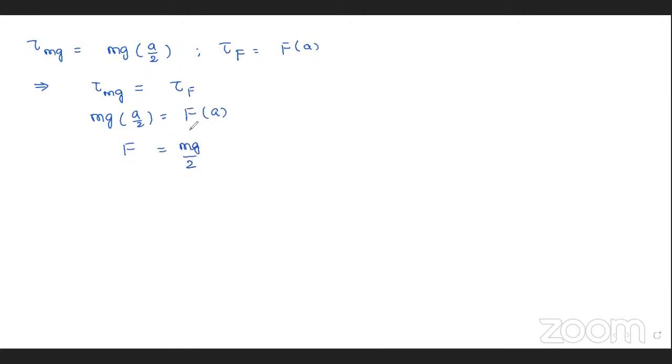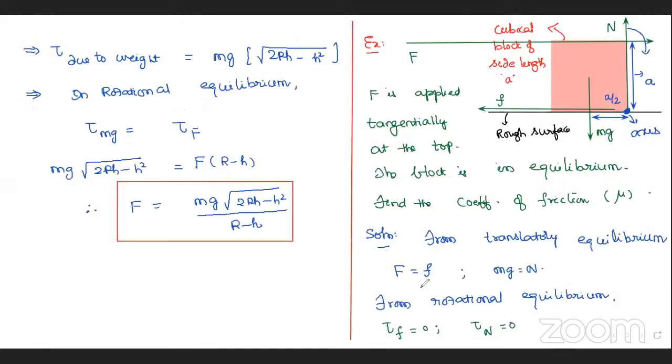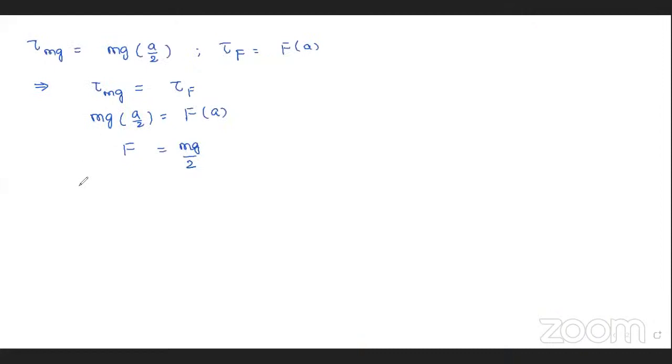Okay. Till here, most of the students got the information. Now you can use this information, what extra I gave here. That F you can replace with a small f. Okay. That implies since F is equals to f, frictional force, we can write f is equals to mg by 2.